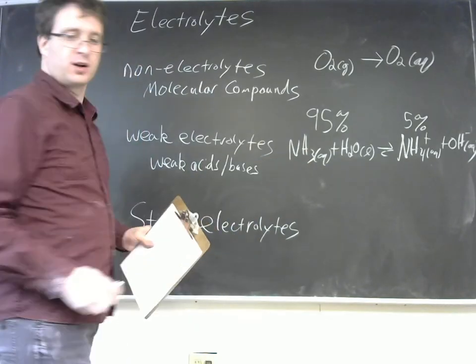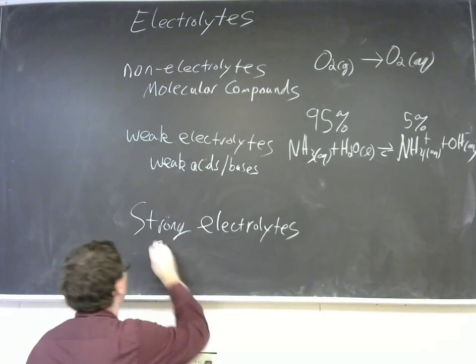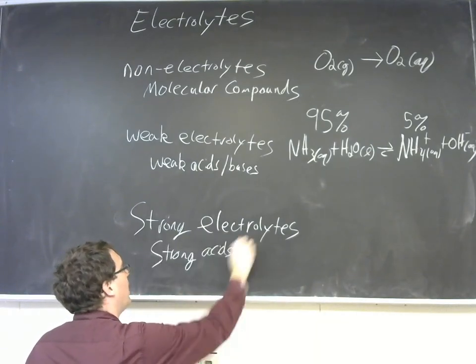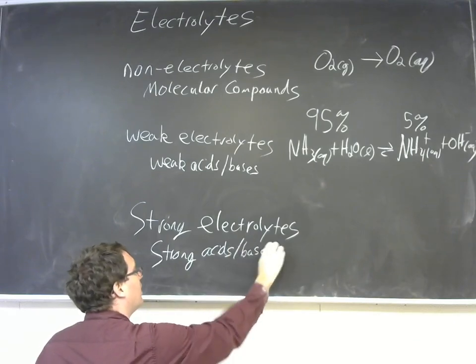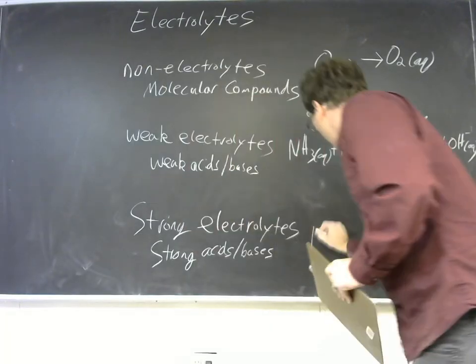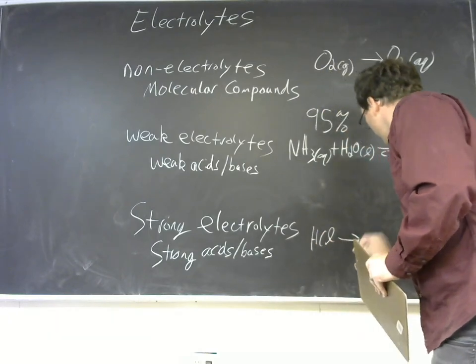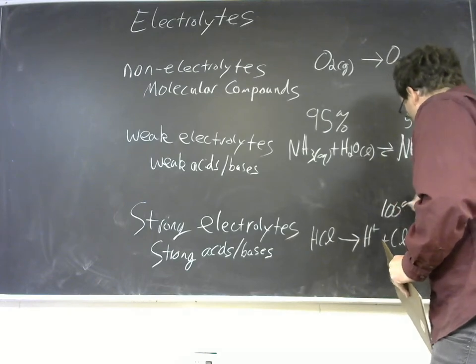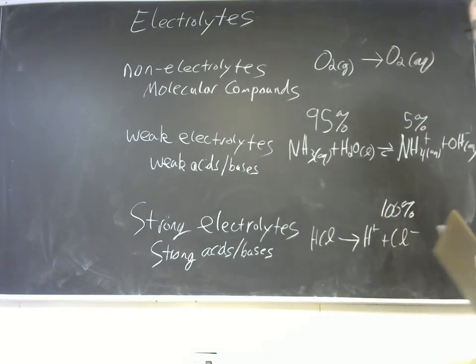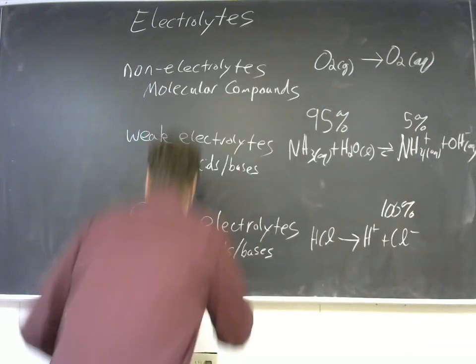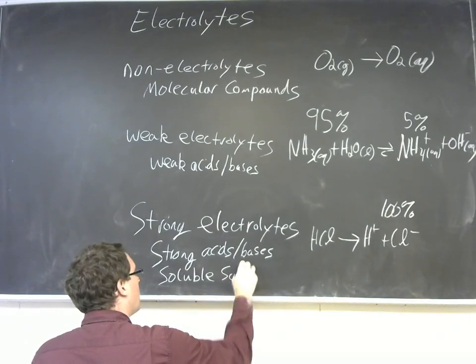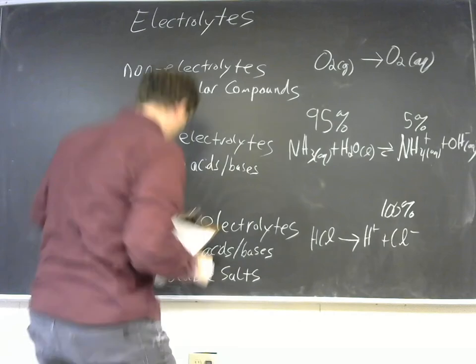So what are strong electrolytes? Well, how about strong acids and bases? So let's take HCl, for example. HCl is going to form H plus and Cl minus, and it's going to do that 100%. So lots of ions with an HCl solution. Also, soluble salts.